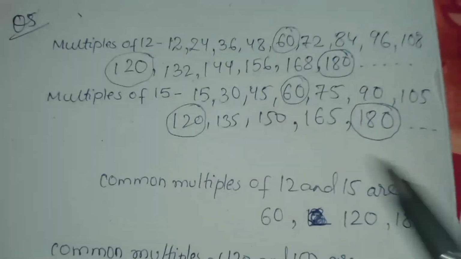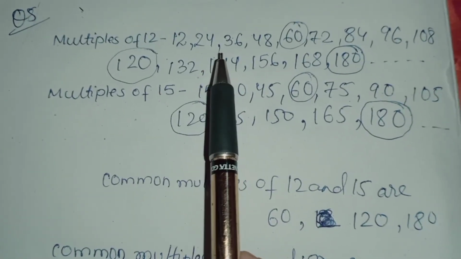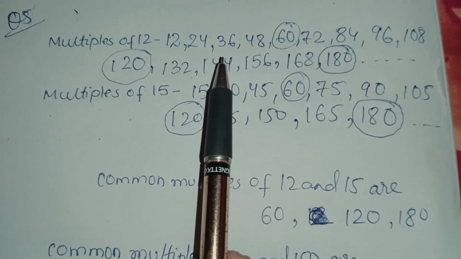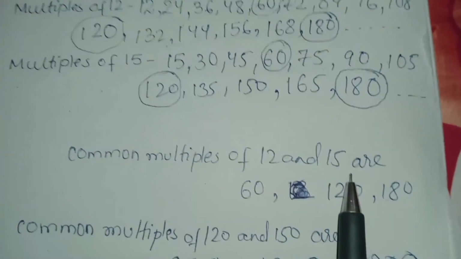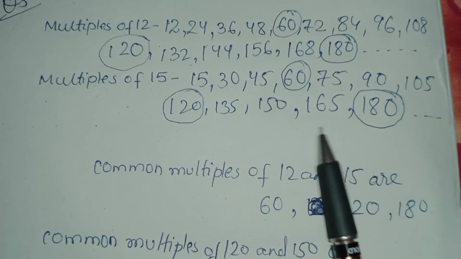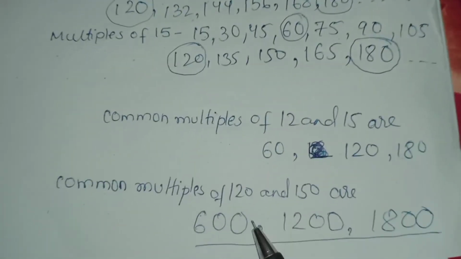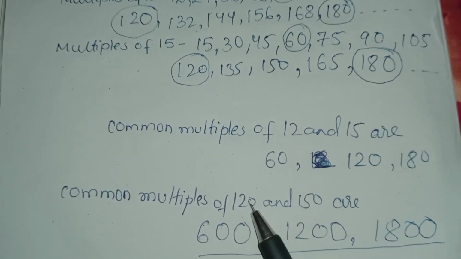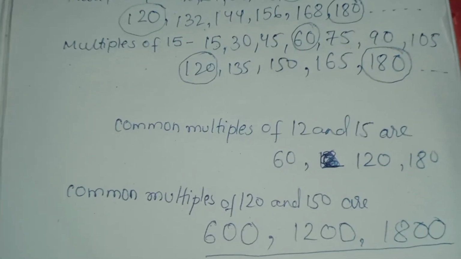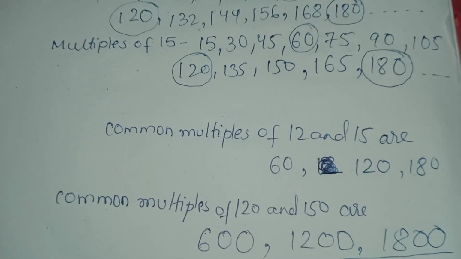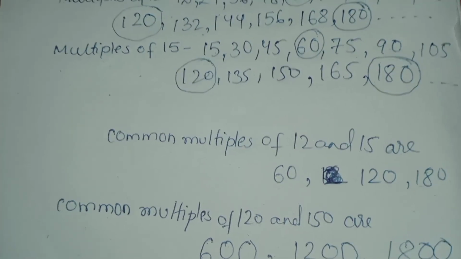See, it is so easy. First you find the multiples of 12 and 15 according to the hint, and from there get the common multiples. If you do not get them, write more multiples, and then add 0, and they become the common multiples of 120 and 150.